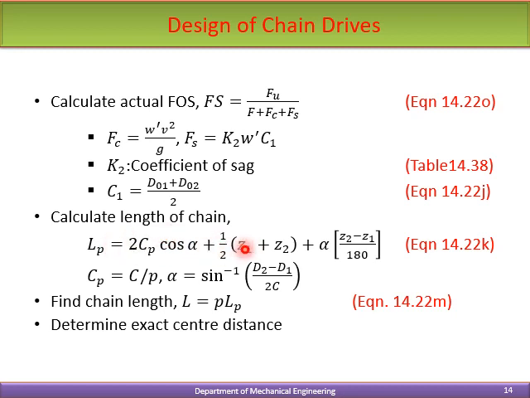You can substitute CP as this and alpha value as this, and then find the chain length L equal to P LP. From the obtained value of LP, determine the exact center distance by replacing CP with CE by P in this step. Then you will get the value of the exact center distance CE.